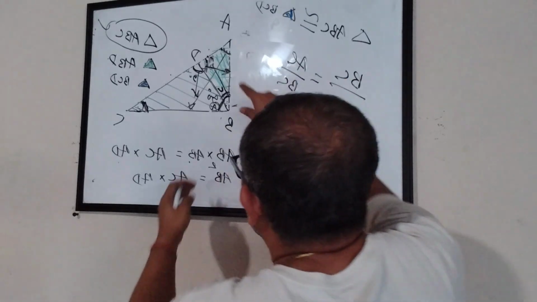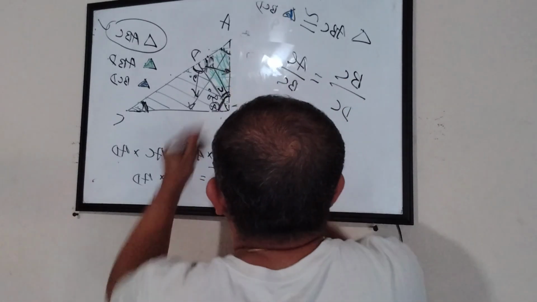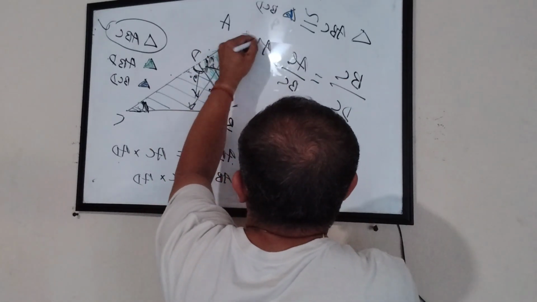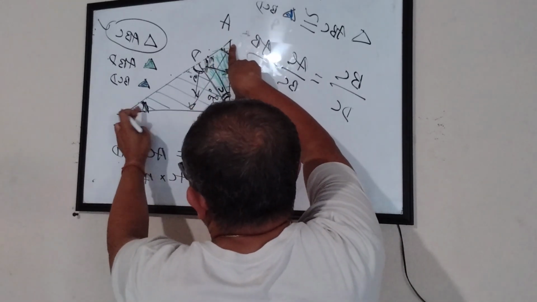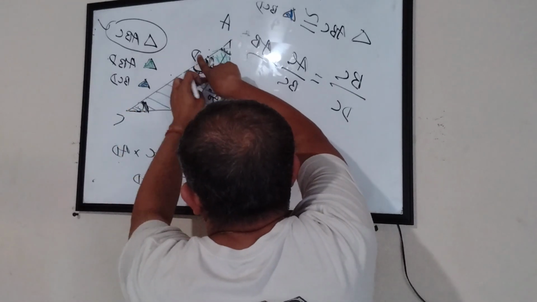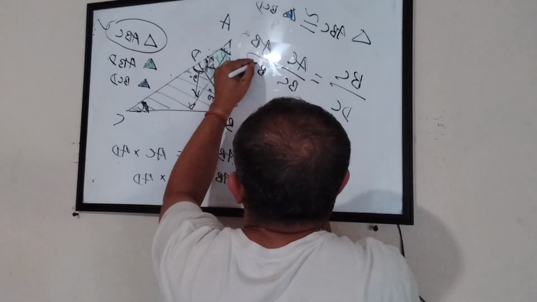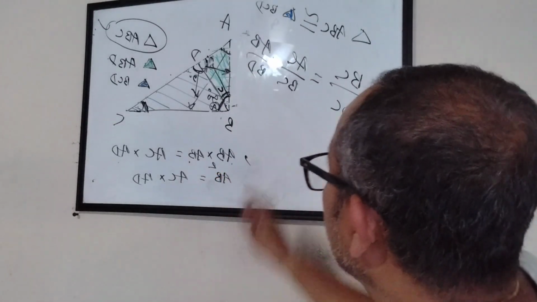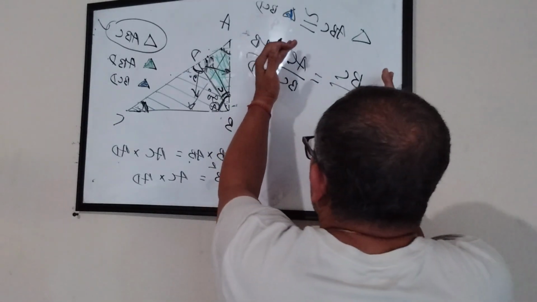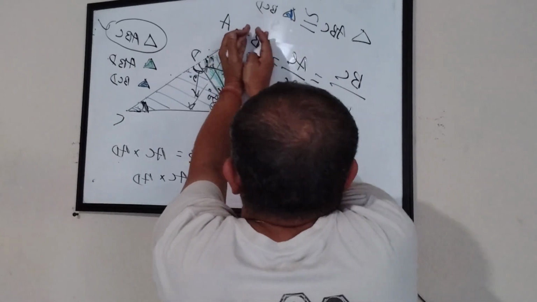And the third, we have not taken AB. AB is in the large triangle. So AB divided by, AB is the side opposite to C, and C is common in both the triangles. So side opposite to this will be BD. Now here, what is my motivation? Which combination do I want to pick? Do I want to pick this combination, or this and this?